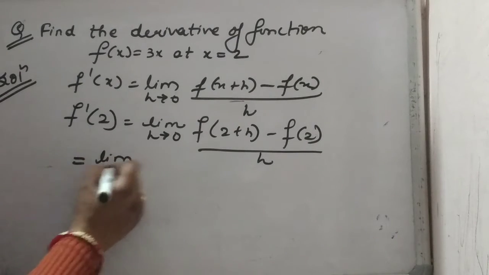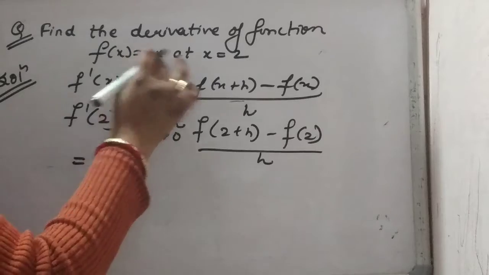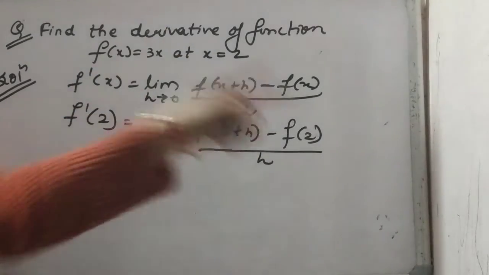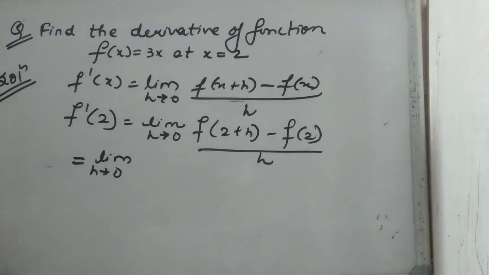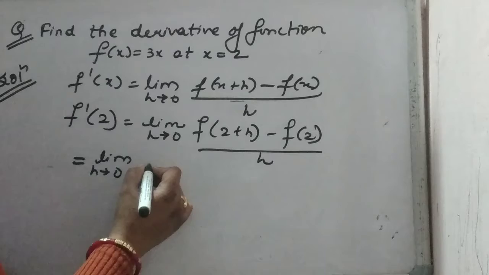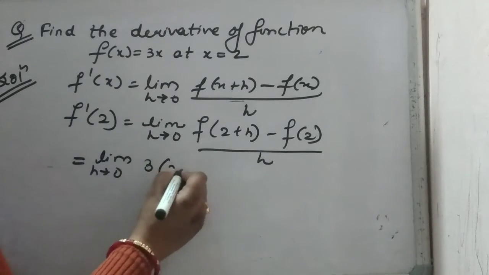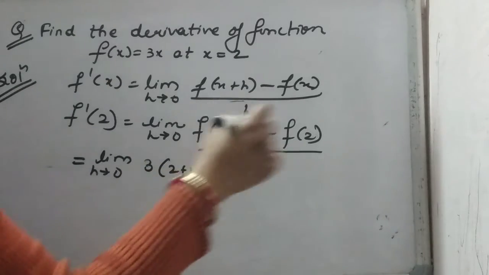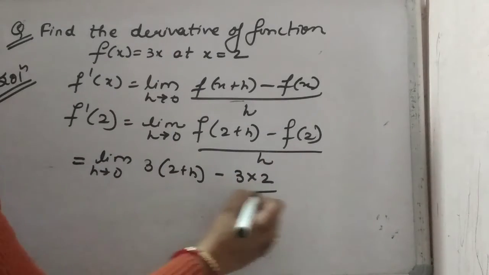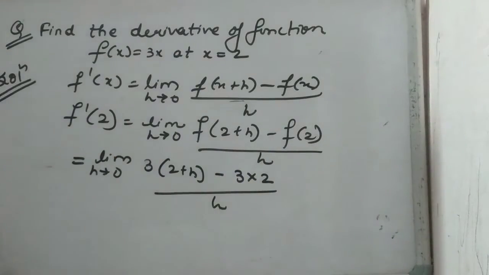Now the limit here, this is our x function, so in place of this x we have to put this value and this value. So how will we put? See, the limit here, 3 into 2 plus h minus f of 2, which is 3 into 2, upon h, like this, understood.